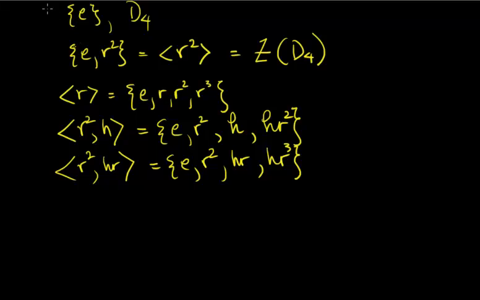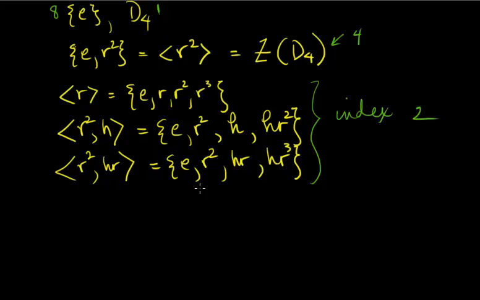Well, of course, the identity has index 8. There's 8 cosets of the identity, and D4 has index 1. But here we have 2 elements in the subgroup, so the index will be 8 divided by 2, index 4. And all of these are 4 element, so these all have index 2.